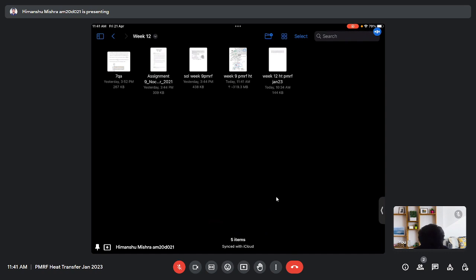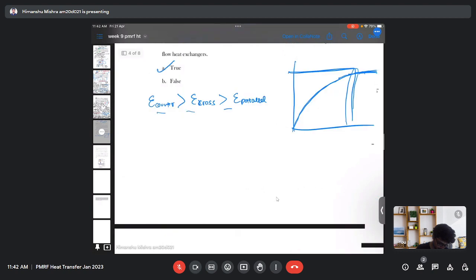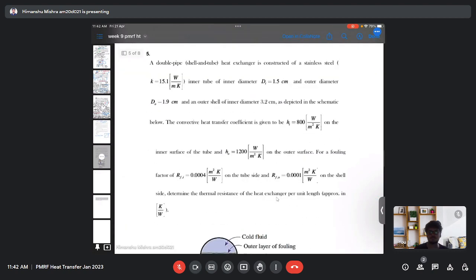So let's move to the next question. A double pipe heat exchanger is constructed of stainless steel.